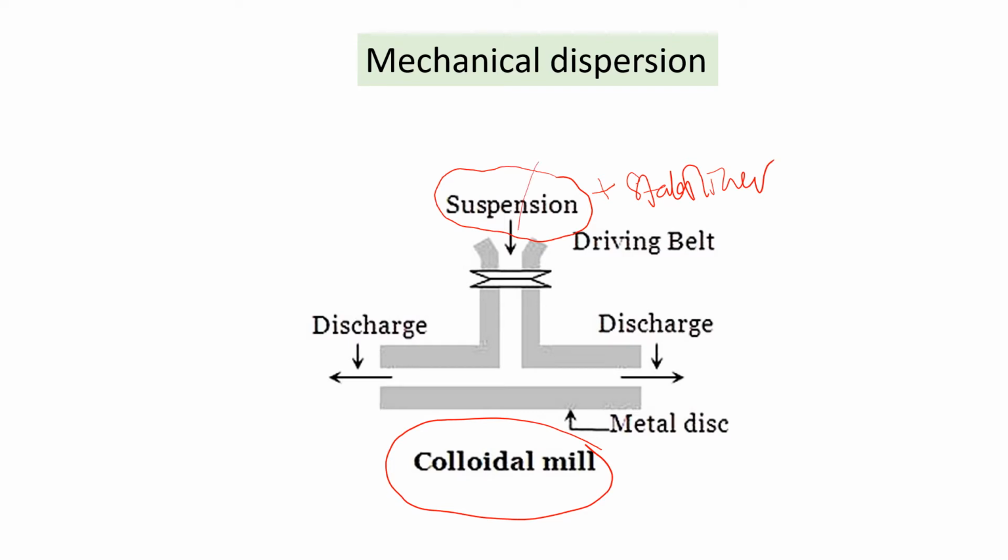When the suspension is passed through the colloidal mill, it is pressed and ground to form fine particles. The colloidal mill consists of two metal discs, one at the top and one at the bottom, rotating in opposite directions so that the suspension can be ground. The discharge is the sol, with colloidal particles of small size. This method can also be used to produce toothpaste, pen ink, and printer ink.